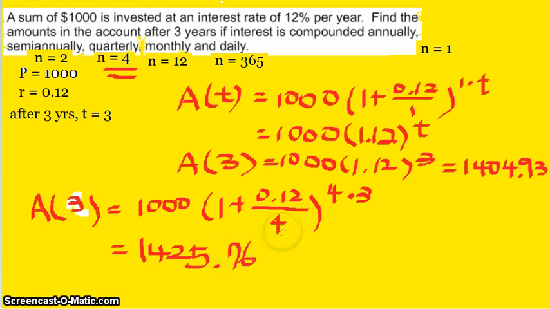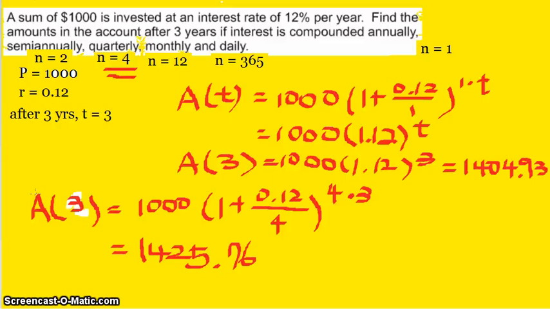All right, so you can see that I do get a little bit more if the bank pays me interest 4 times, or compounds the interest quarterly. Another way of saying that, if the bank pays interest 4 times a year, I do get a little bit more than with a bank where they just pay us once per year.